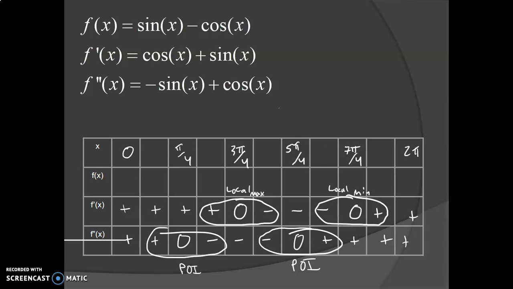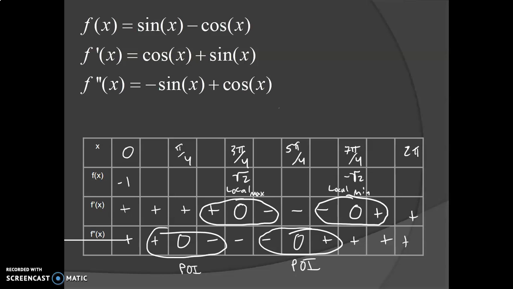So if I do f of 0, I would get negative 1. Because now I'm plugging in 0 into the original function. If I plug in 3 pi over 4 into the original function, I would get root 2. If I plug in 7 pi over 4 into the original function, I would get negative root 2.